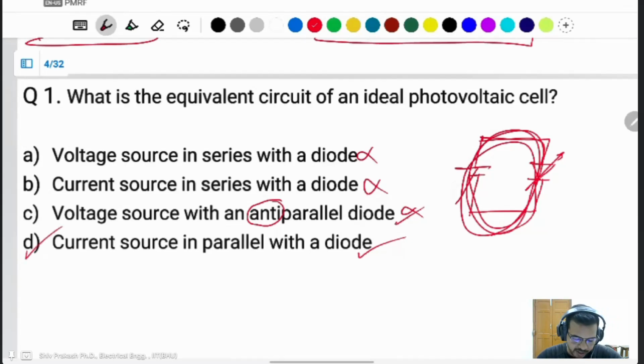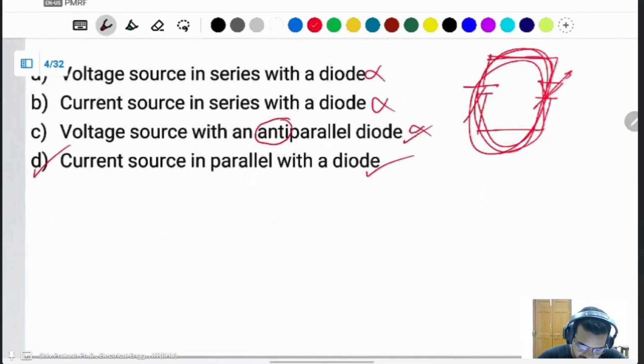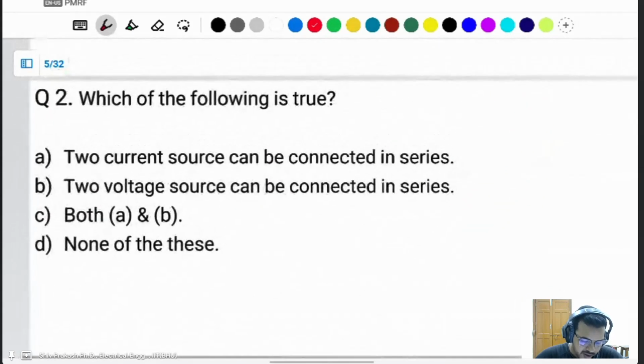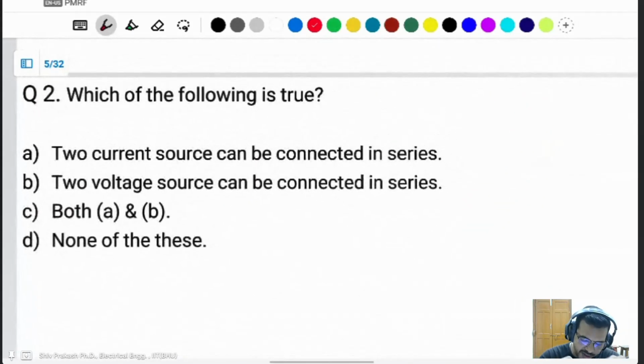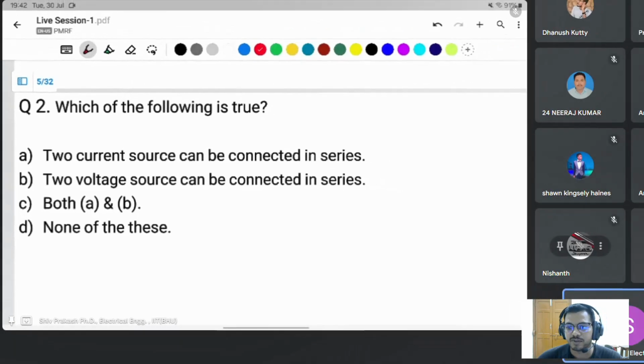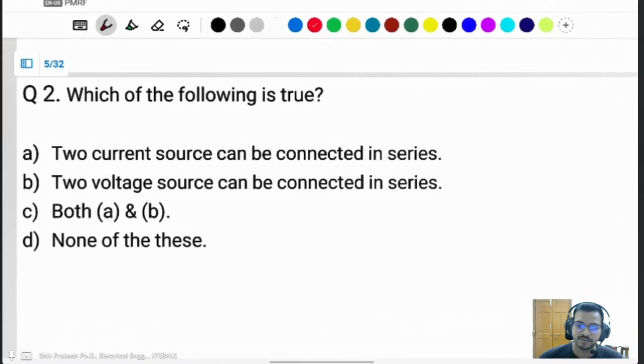D option is correct. Current source in parallel with a diode. Okay, fine. Which of the following is true? Two current sources can be connected in series, or two voltage sources can be connected in series, or both. Anyone? First, go to option one.